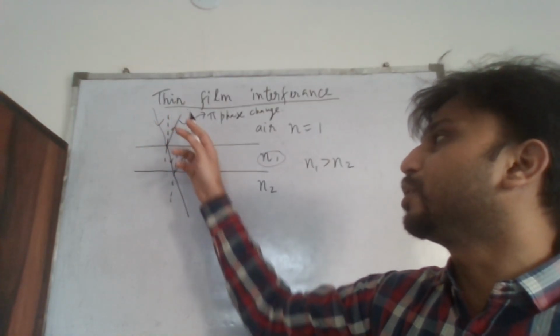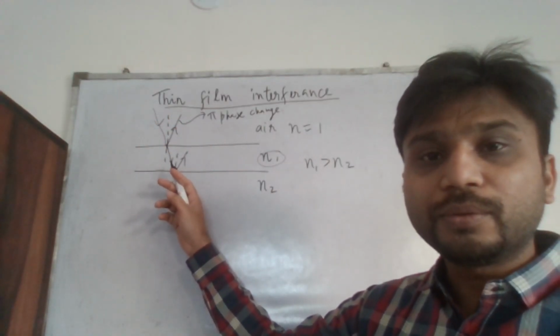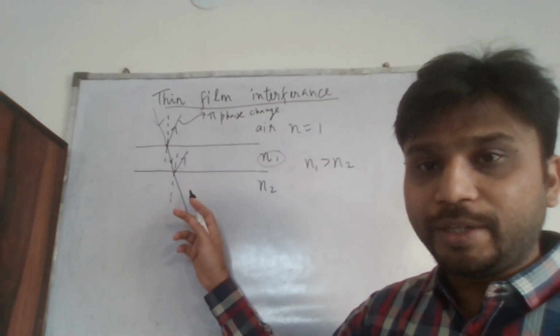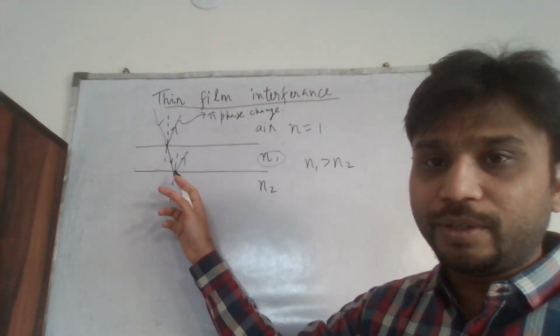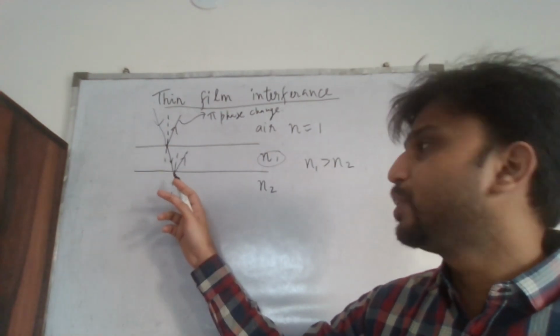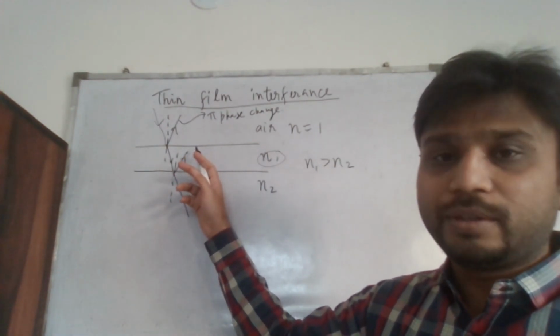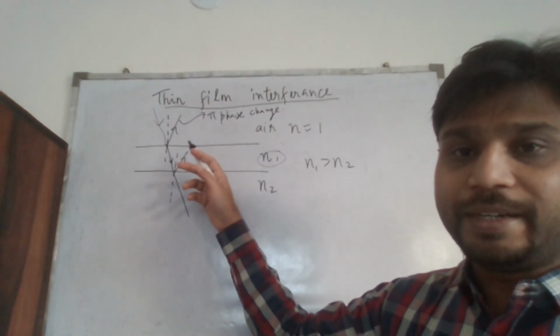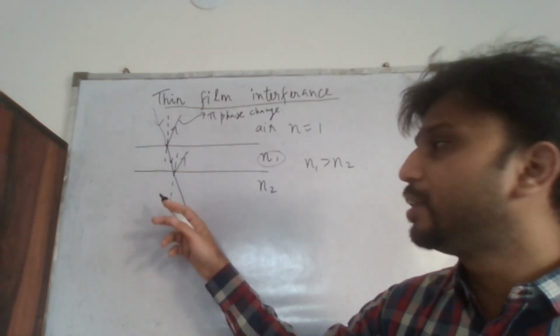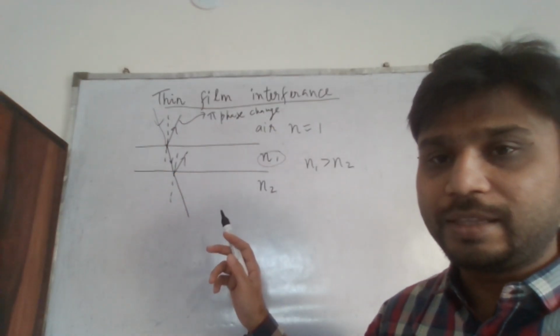So there is a phase change. When we go from a denser to rarer medium, there is no pushback onto the electric field of the original ray. So there is no phase change when the ray of light gets reflected in the same denser medium. The ray keeps going on just like that.